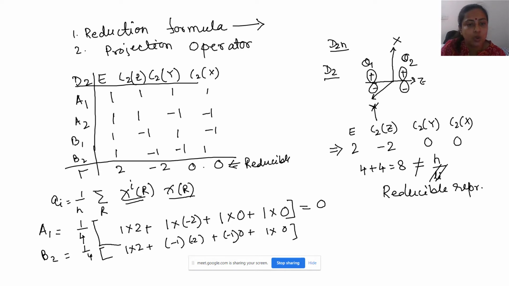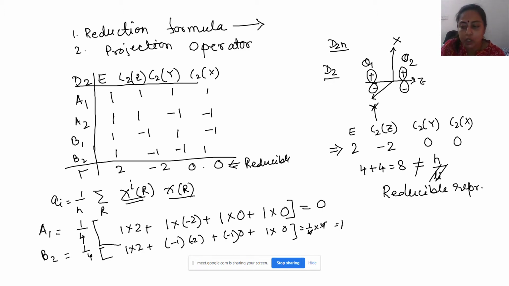So this is 2 plus minus 1 minus 2 is again 2. So this is 4. So 1 by 4 into 4, this is equal to 1. So that means B2 is going to be contained by this reducible representation, and that would come only once.